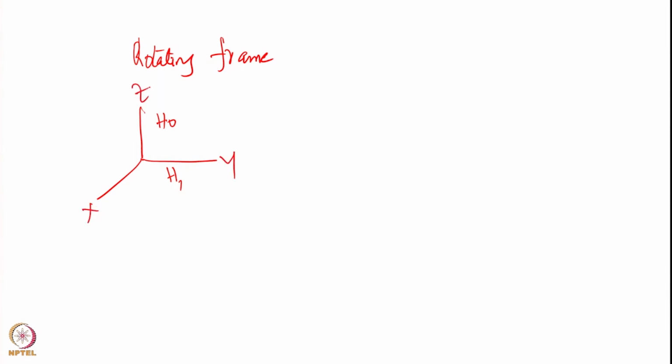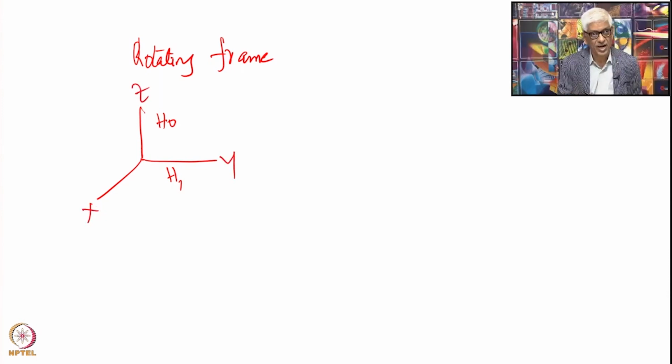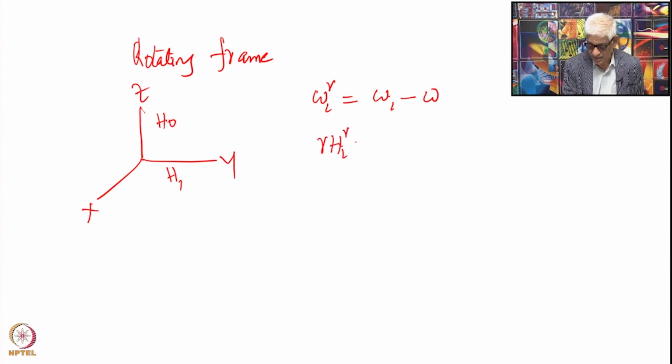Consider a frequency omega I. In the rotating frame the frequency is omega I r, equal to omega I minus omega, which is the RF frequency. Omega is the RF frequency and omega I is the frequency of the particular nucleus, and when you convert it into the field, this will be gamma H I r, ignoring the sign, equal to omega I r.